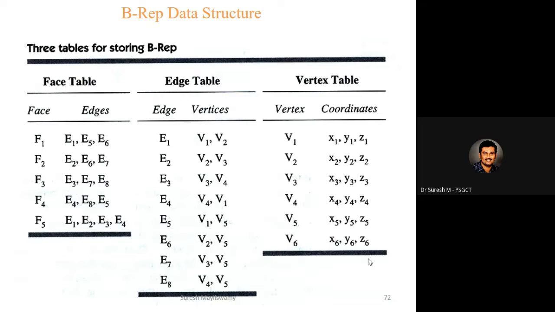And vertex 1 is based on the x1, y1 and z1 coordinates. Like that, from x, y, z coordinates, we will develop the vertex. By using multiple vertices, we will develop the edges. By using multiple edges, we can develop the faces. By using the faces, we can develop the solid.